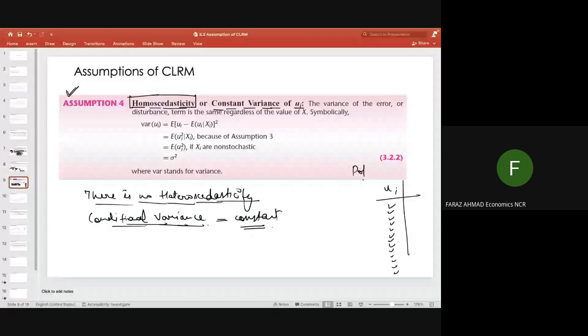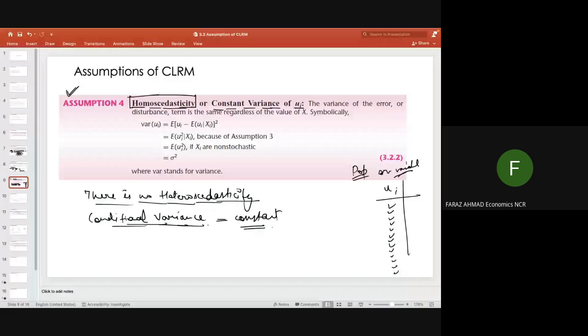We have Ui and we have a column of numbers, which we can say is our Ui. Of course, we are talking about the population, always keep in mind. So this is all the errors that are there in the population, right? So we will not be considering this whole list of errors as one variable.